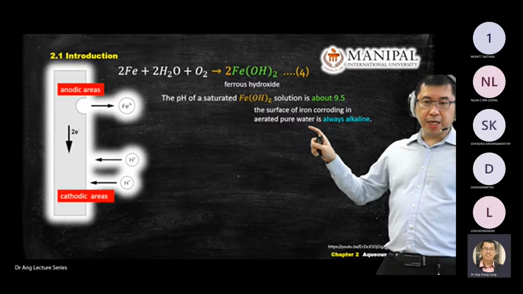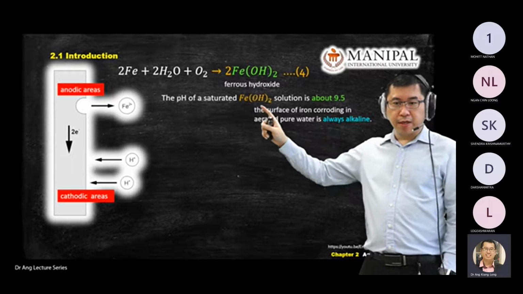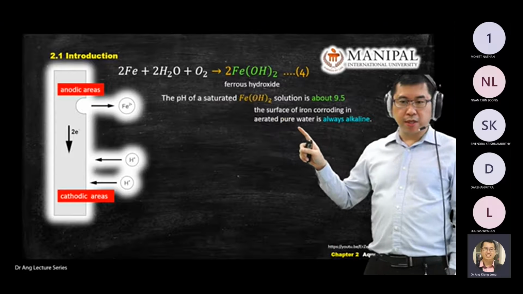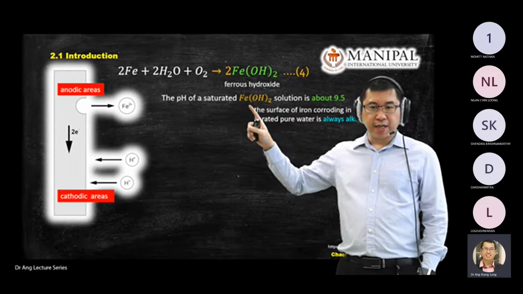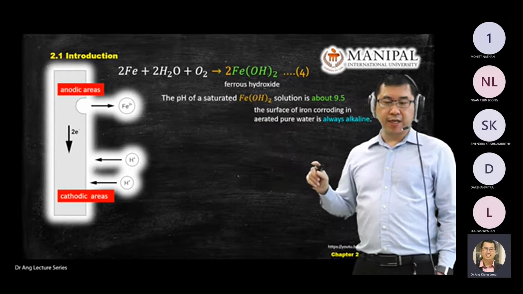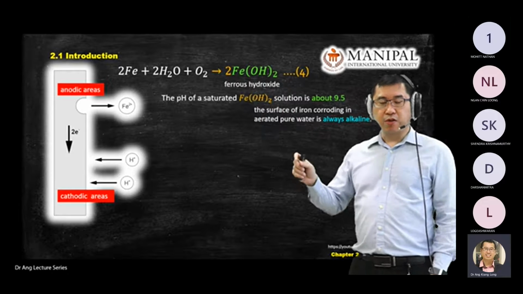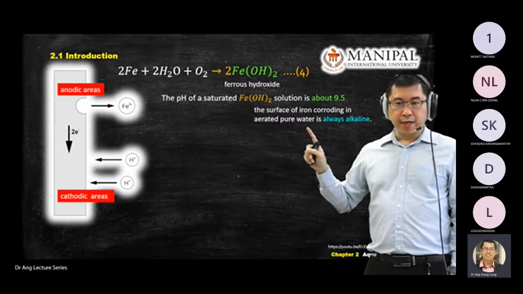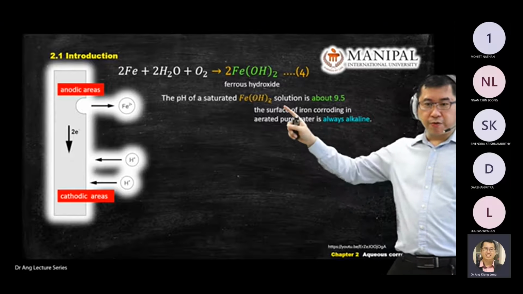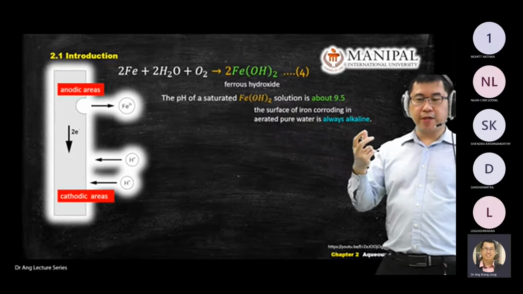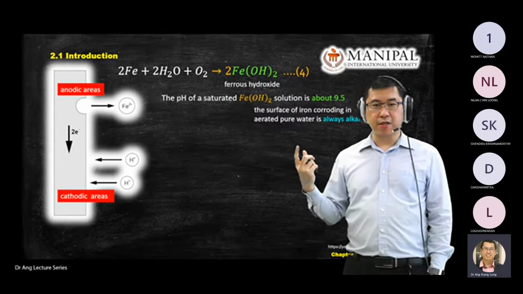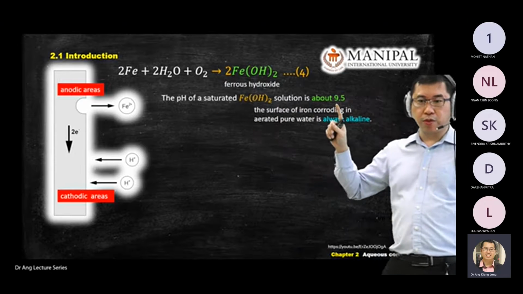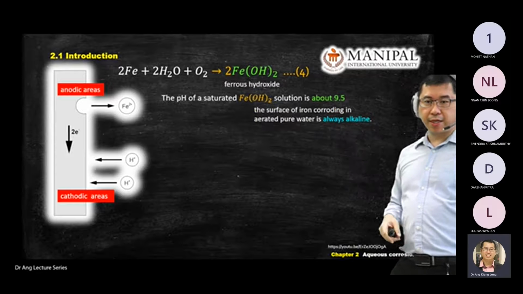But in the lab experiment, if you dip iron or metals in pure water, you can find ferrous hydroxide after a few days. You leave it in the tube, then you test the water, and you'll find that the pH changes from the normal pH of water, which is 7, neutral, to something near alkalic, right?